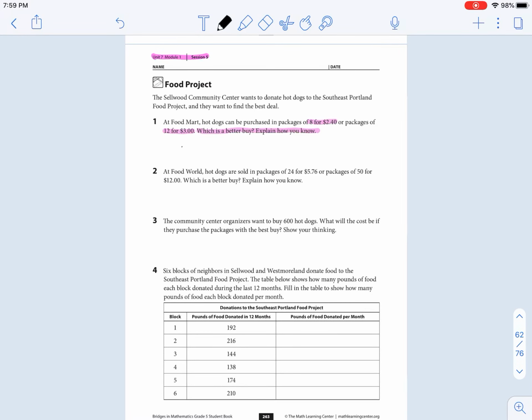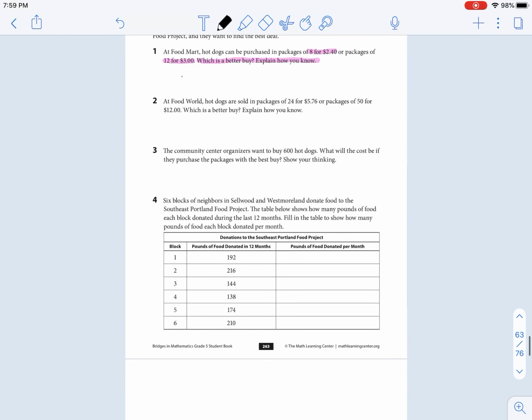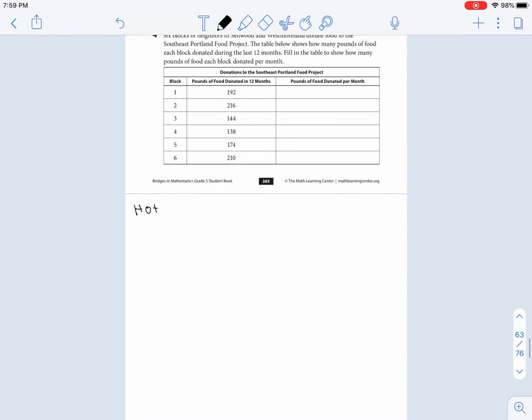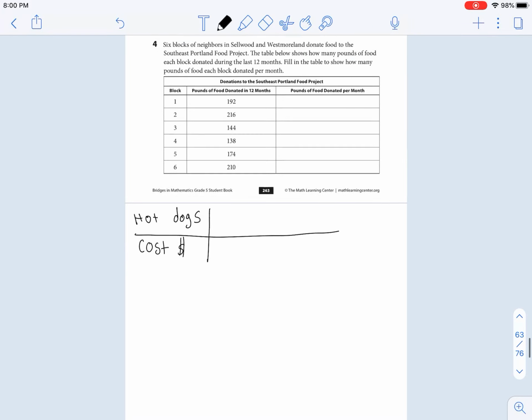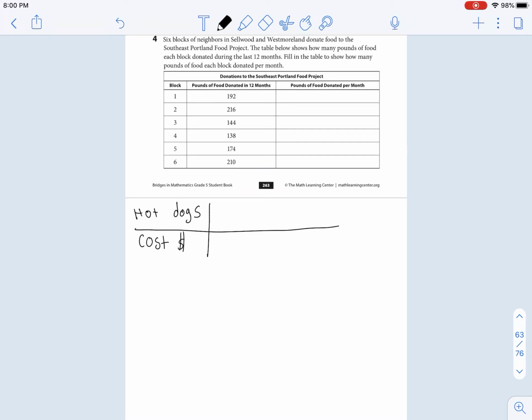I'm going to set up a ratio table, and we're going to use hot dogs on the top and the cost or money on the bottom. And we know that the first purchase, we can get 8 hot dogs for $2.40. Now, what I'm trying to figure out here is how much one hot dog would cost.